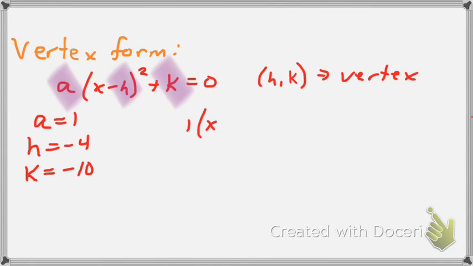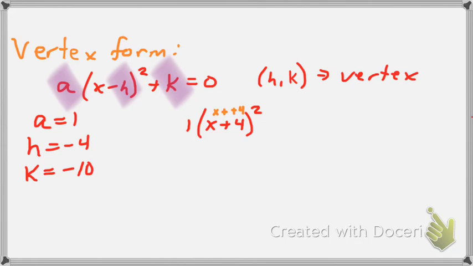Now, the vertex form is x minus h. So what we need to write is x minus -4. How would I write that? X plus 4. And then I write plus k, which is plus -10.